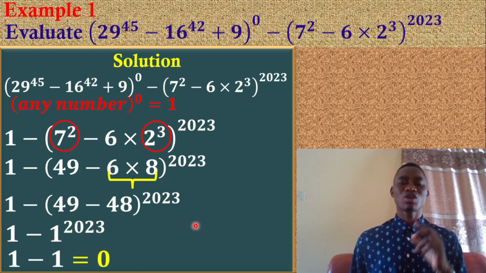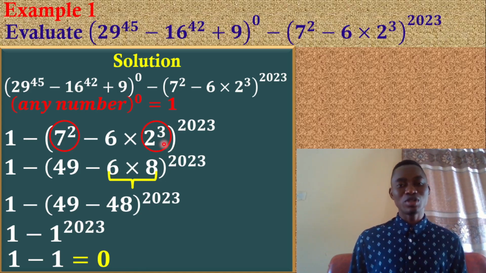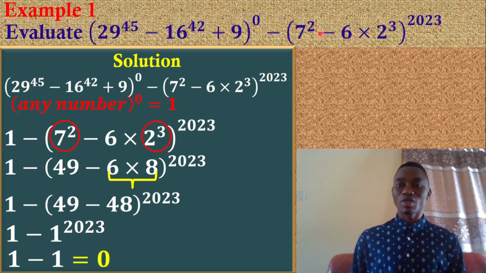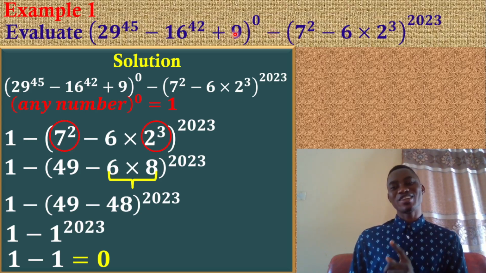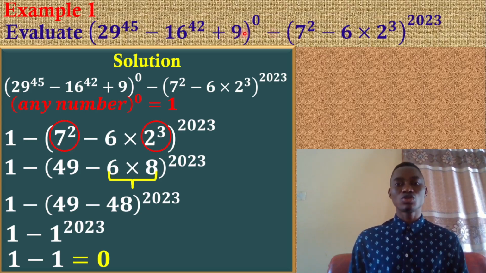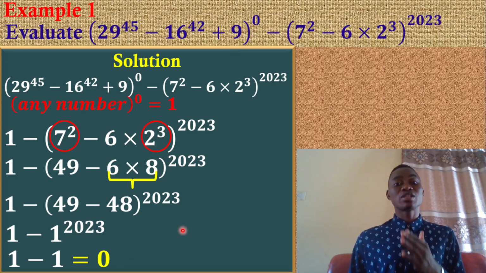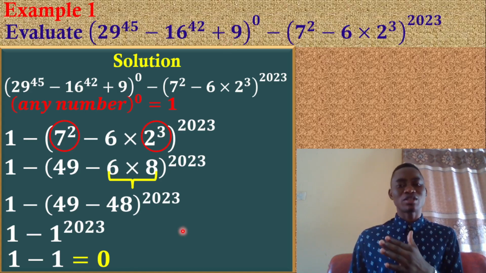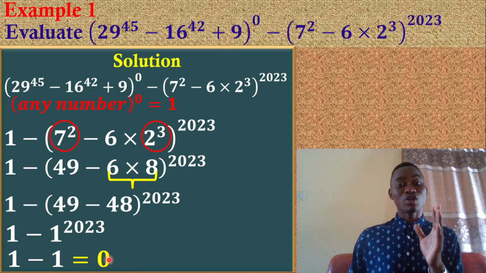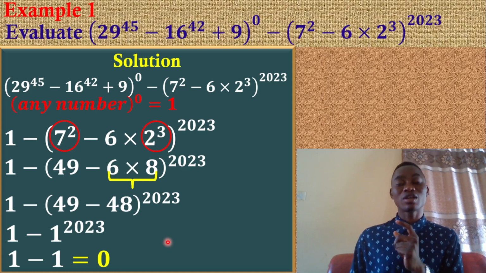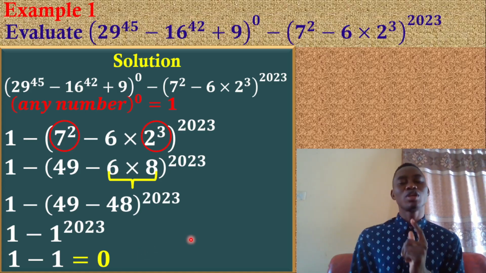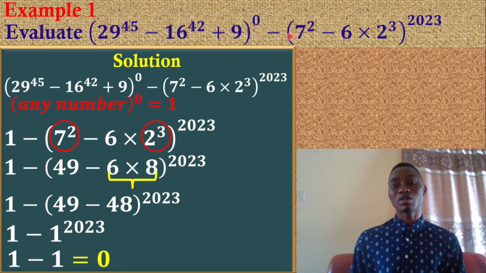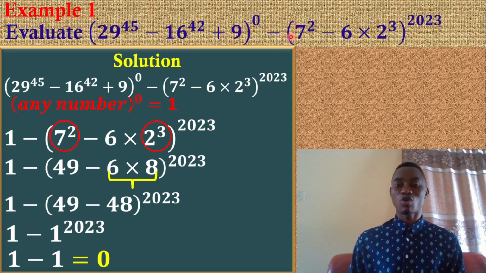So it follows that 1 raised to the power of 2023 returns 1, and 1 minus 1 is what? 0. So this is the correct answer to this particular question. Any other answer is incorrect. If you do not follow the BODMAS rule correctly, it's very obvious that you are going to get an answer different from 0, and that wouldn't be a correct answer to this question.